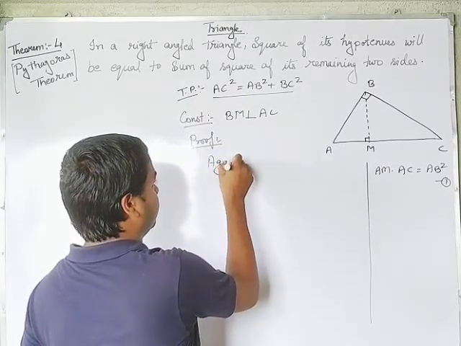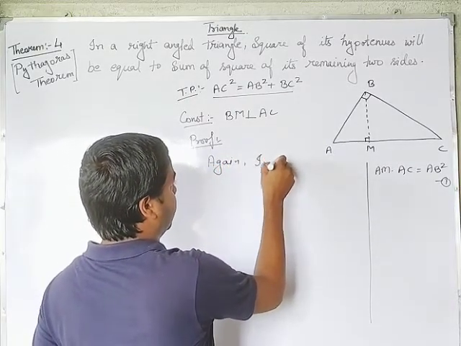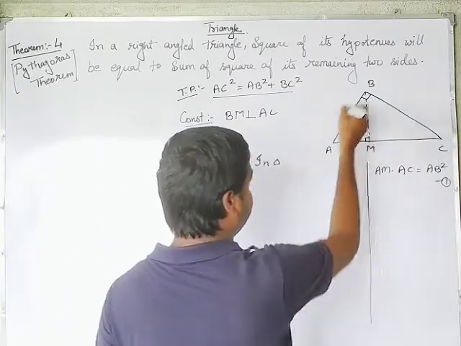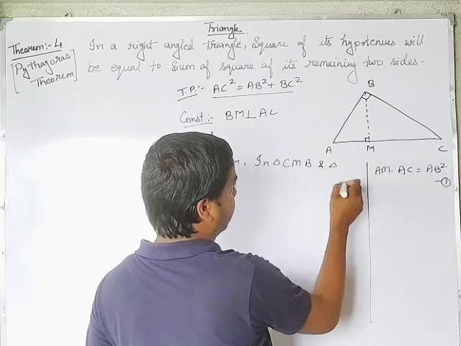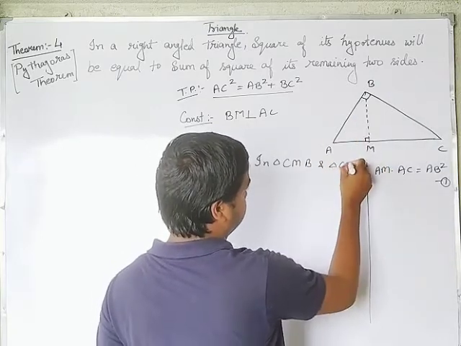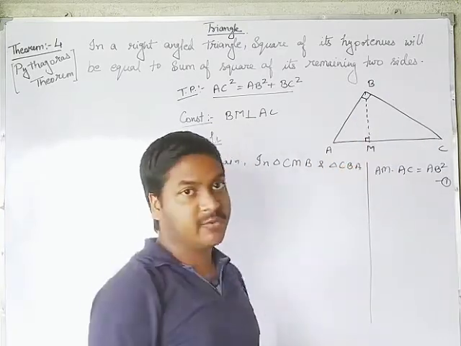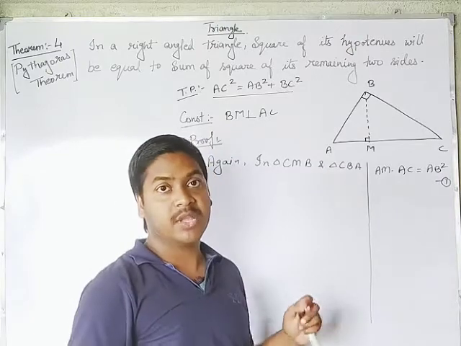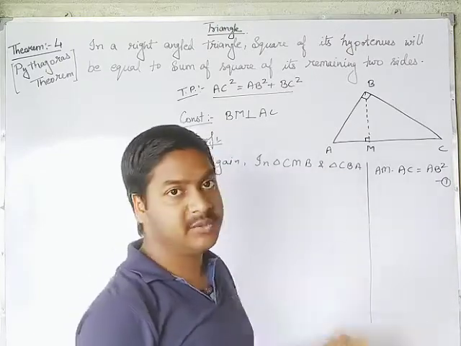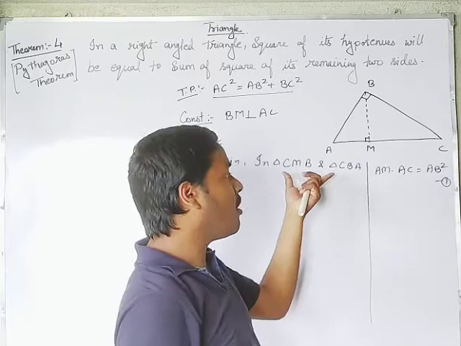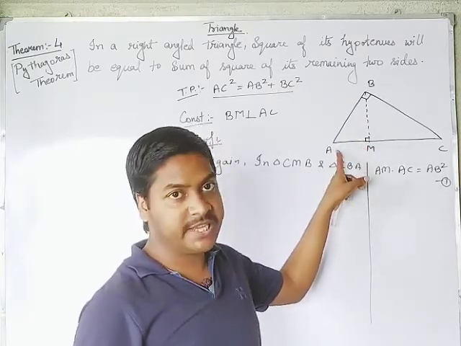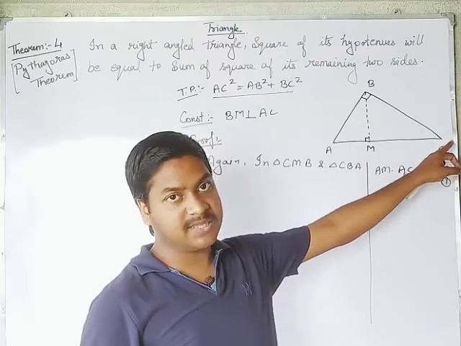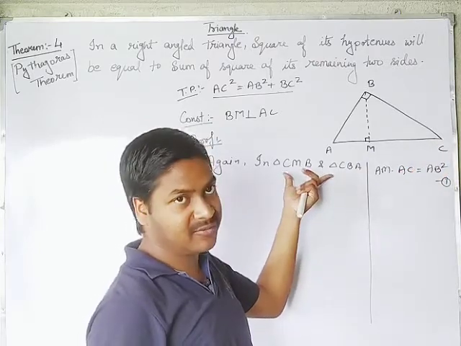Again, in triangle CMB and triangle CBA. You will say, sir, why are we unable to take ABC? I have taken CMB and CBA just because the common angle should be first. From this side, the common angle was A. From that side, the common angle was C. That's why I have taken the common angle first.